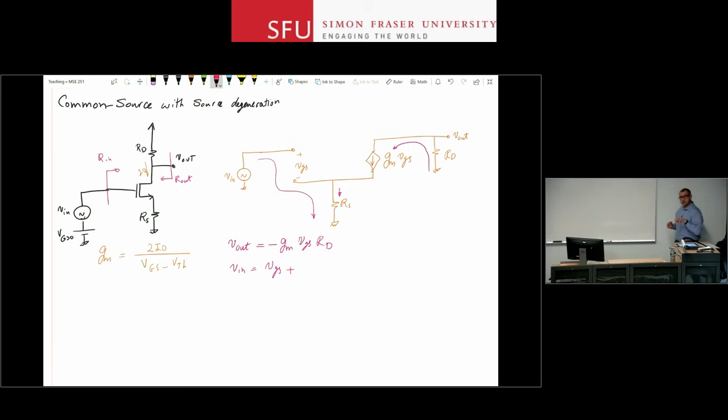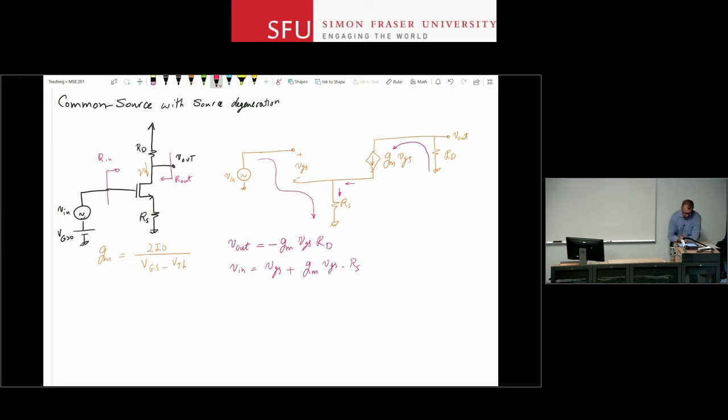The voltage drop across the source resistor is the current through it times the resistance. The current is this current plus this current, but I have an open circuit on the left, so that current is 0. My life is easier because the current from the right side is a current source. It's just GM VGS. That's the current times RS. Okay? So that equation right away gives me a relationship between VGS and V in. No other new variables are introduced.